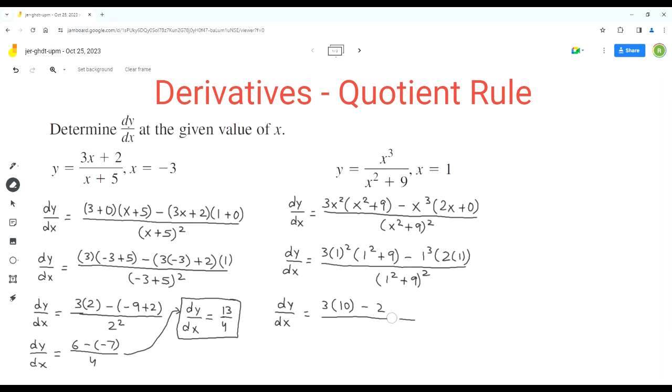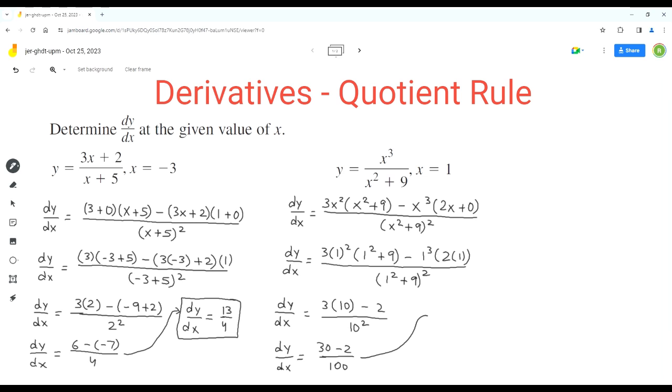Over, now 1 squared is 1 and 1 plus 9 is 10, so 10 squared. Now we can simplify the numerator further. So dy over dx equals 30 minus 2 over 100.